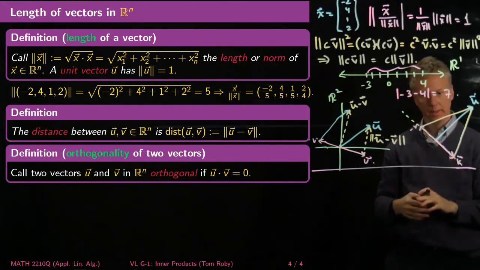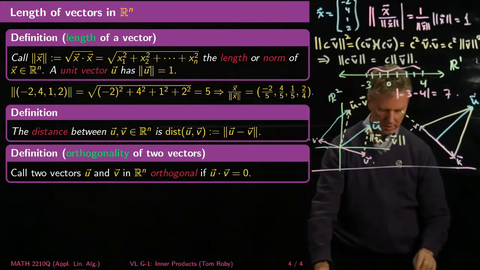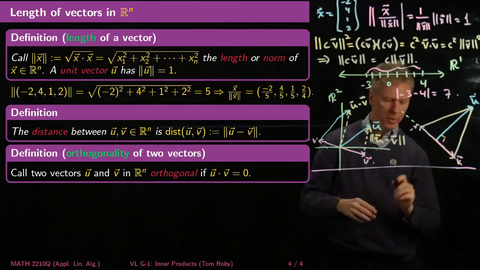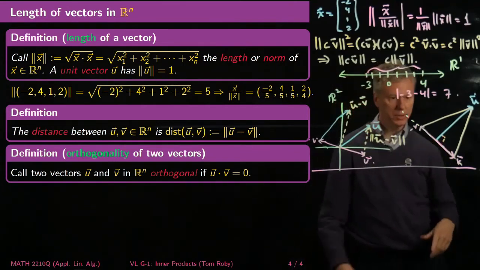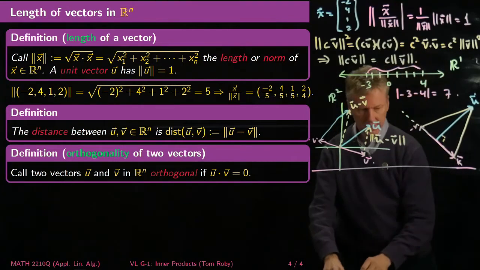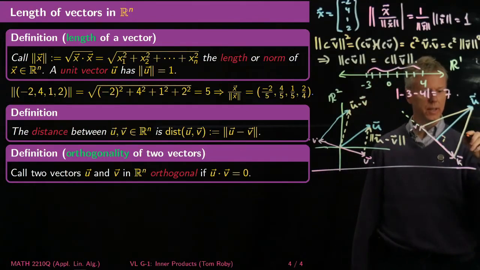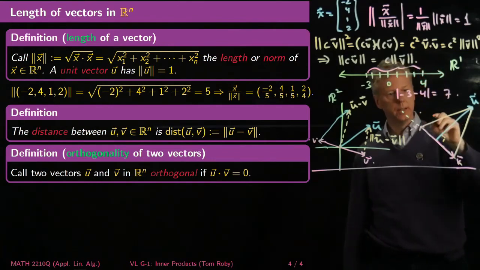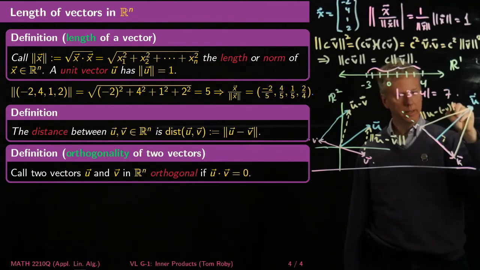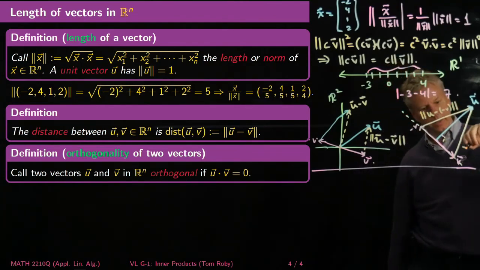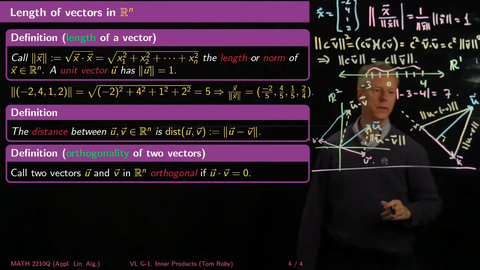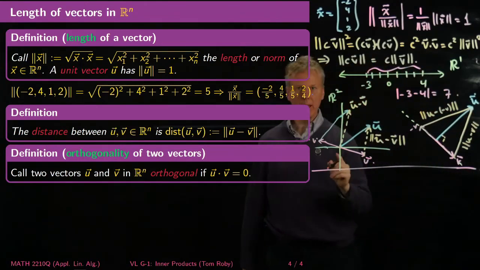So what I want to do is see how orthogonality ties up with this concept. So this is the vector u minus v, and this has length norm of u minus v, and this has length norm of u plus v. Now if I want those to be the same, what happens?